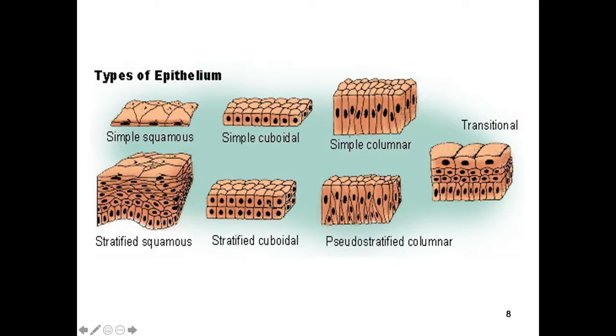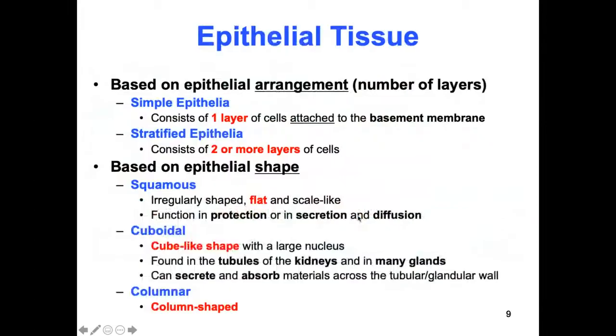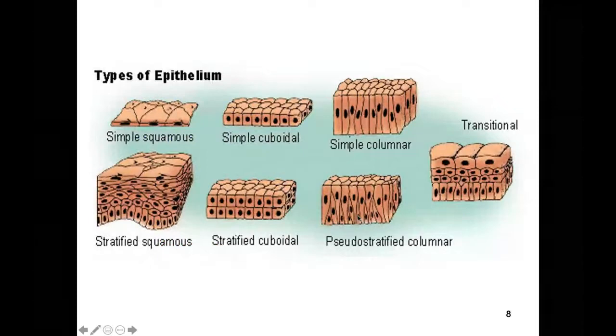Stratified is multiple layers, but with columnar we typically get pseudostratified, which is falsely stratified. The reason it looks that way is this is one layer, this is one layer, one layer. It's just that the nuclei are scattered at different levels, so it gives the appearance that it really is stratified, but it's not.